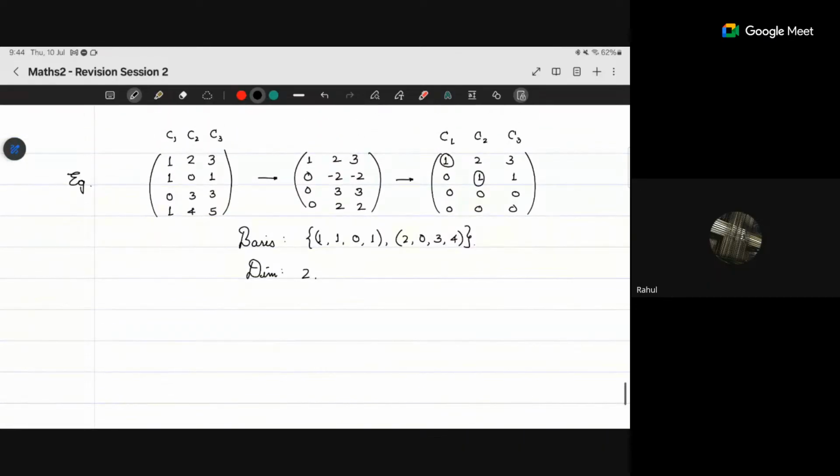Sir, in this row reduced form, column C2 is 2100, but in the basis we are writing 2034. So can we do the same thing in the row method as well? Is there some rule?